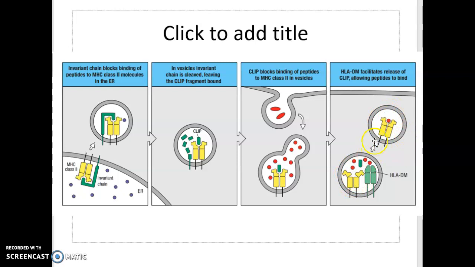Therefore we've loaded the MHC class 2 molecule with that specific peptide, and it can be exocytosed and presented on the surface of this antigen presenting cell, and will come into contact with a TCR that's specific for this combination of the MHC class 2 and this particular peptide. These specific T cells will be CD4 positive, so these are going to be T helper cells.